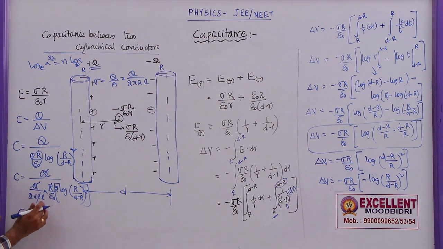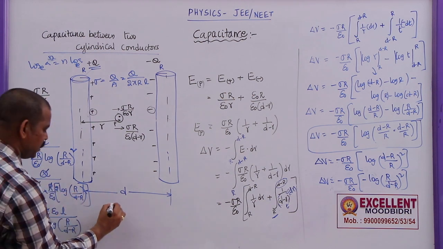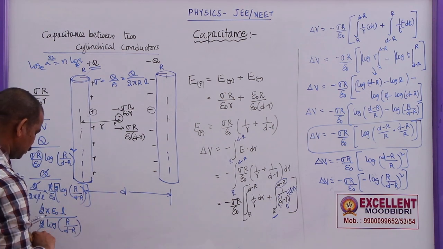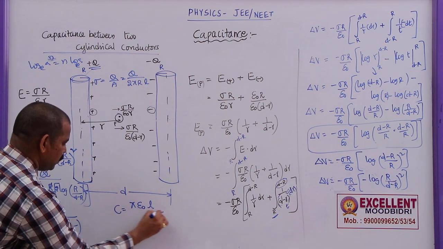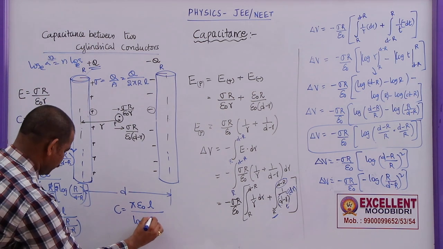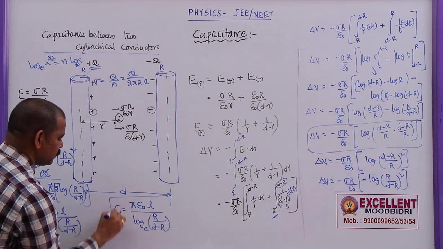The capacitance is given by this: 2 pi epsilon naught L will go to numerator, 2 pi epsilon naught L by, what are the remaining terms now? This is 2 log R by D minus R. This 2 gets cancelled. So, the capacitance of this cylindrical conductors is given by C is equal to pi epsilon naught L by log of R by D minus R to the base e.